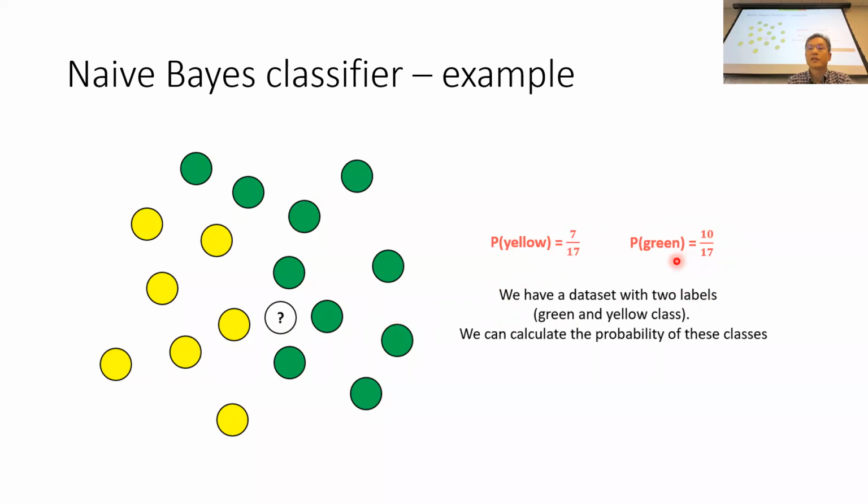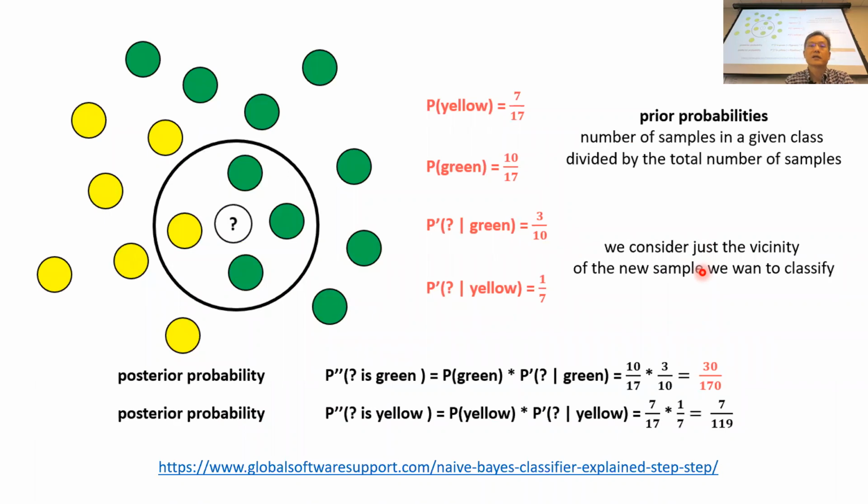This value is called the prior knowledge or prior probability of the class. So we have this first, and then we will compute the posterior probability.